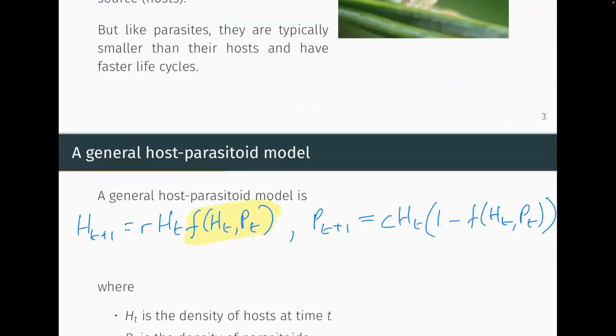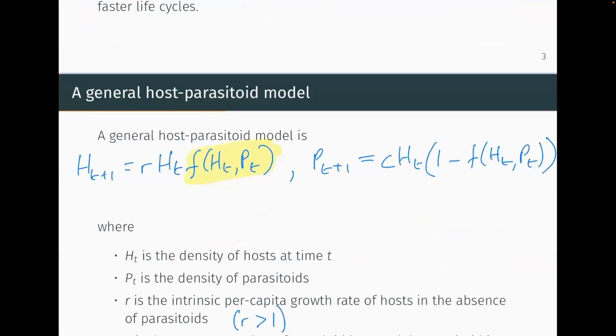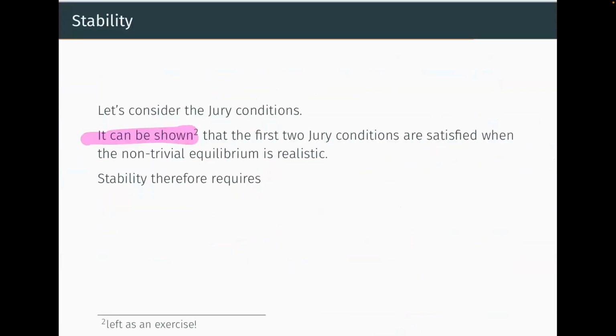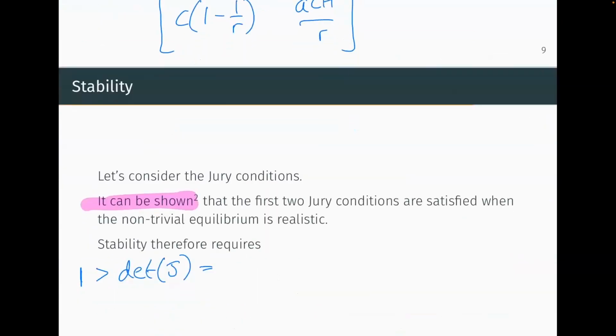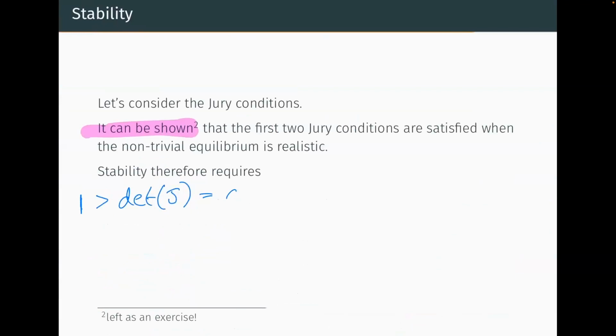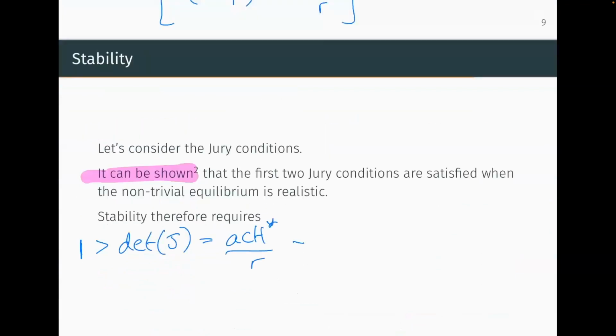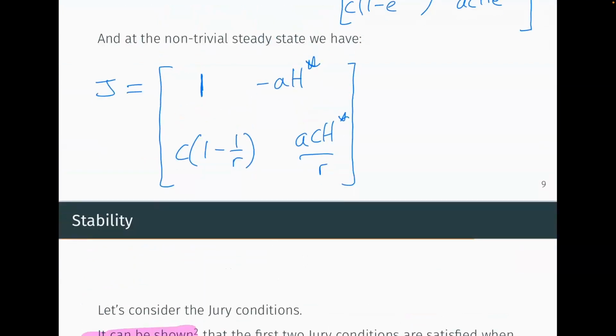So let's have a look at our determinant. For stability, we need 1 to be greater than our determinant. What's our determinant? Well, the product of the elements on the main diagonal is just going to be ACH star over R, minus the product of the elements on the off diagonal.